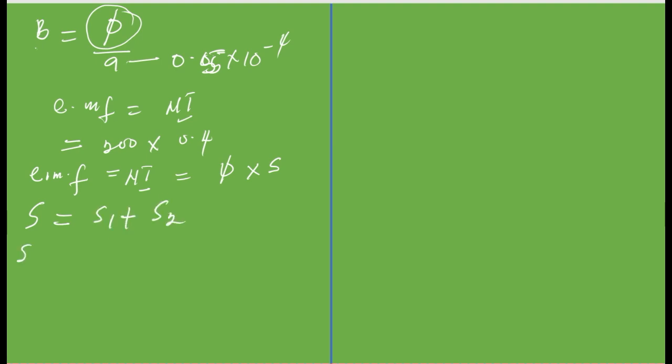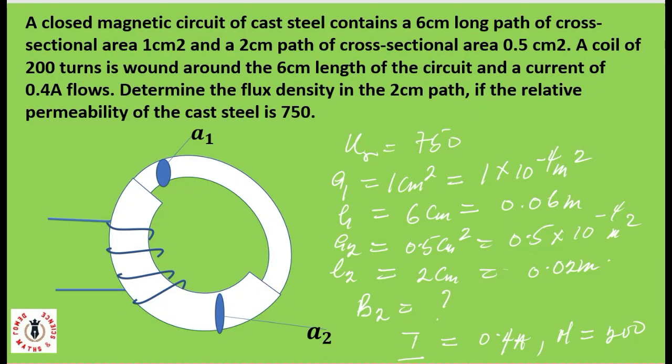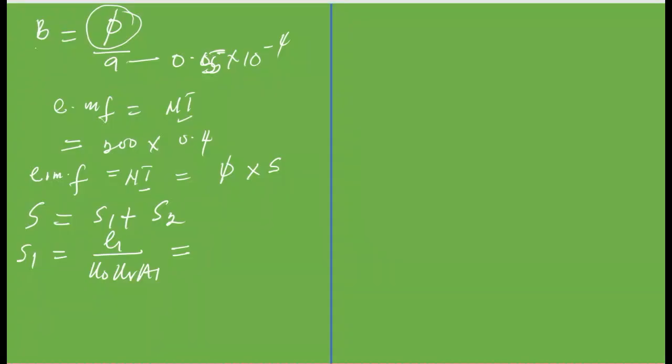Now let's find S1 first. S1 will come from L1 over U0, UR, since it's a composite circuit, times A1, where L1 is given in the question. L1 is 0.06, A is 1 times 10 raised to power minus 4.